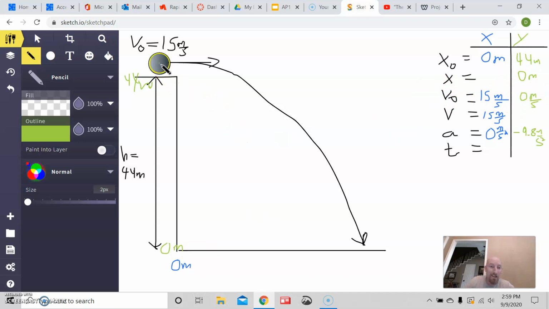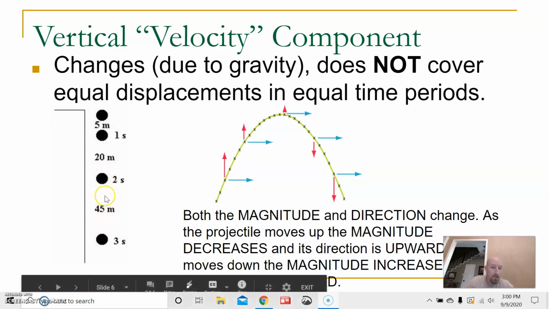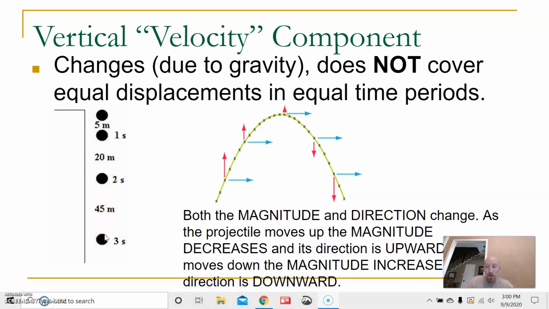My initial velocity in the y is going to be 0. Why is that? It's being fired this way horizontally. As soon as it clears the cliff, the force of gravity is pulling on it, and it's going to start accelerating downwards. It initially doesn't start moving very fast, but gravity is pulling on it the whole time, so after a certain number of seconds, it's going to be going faster and faster.